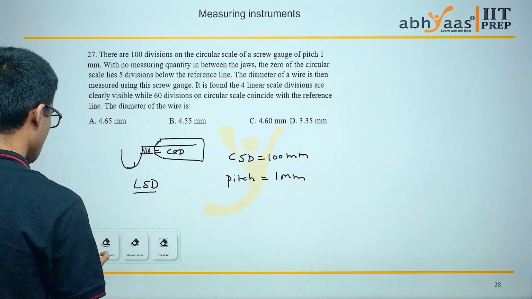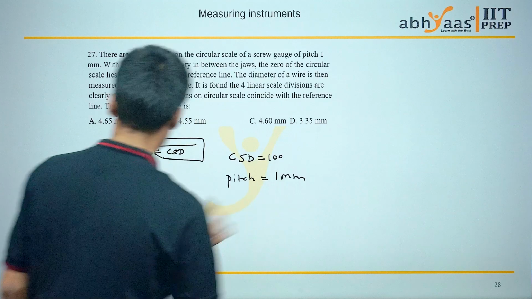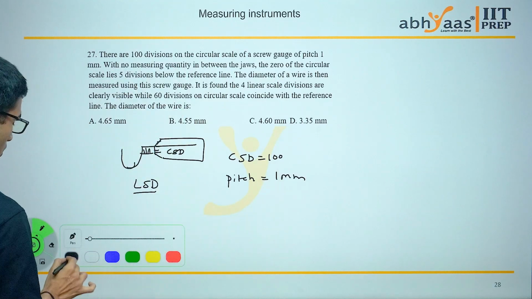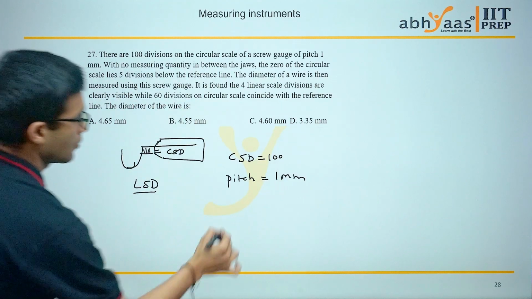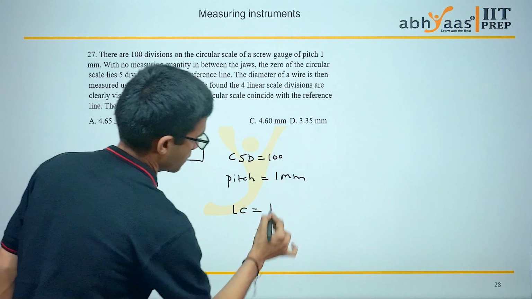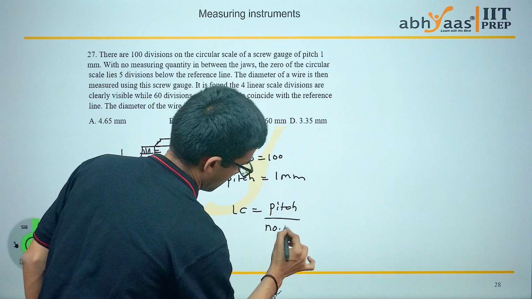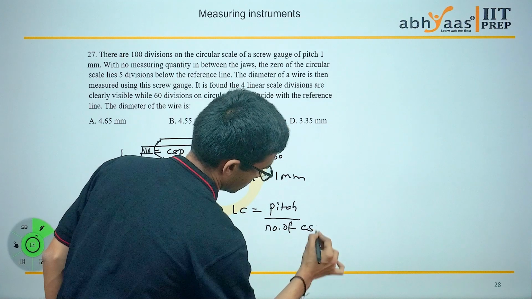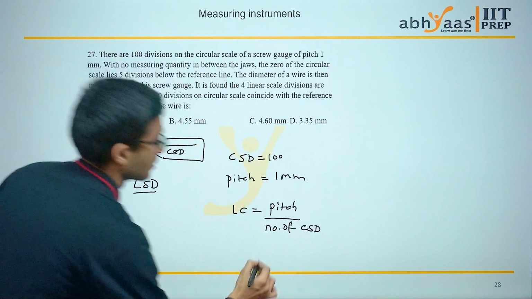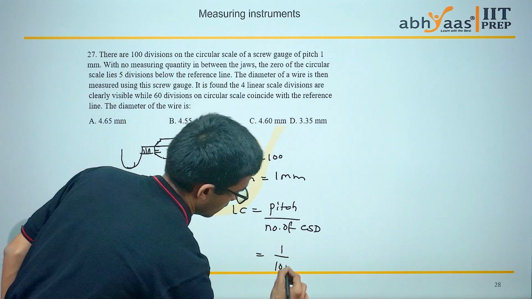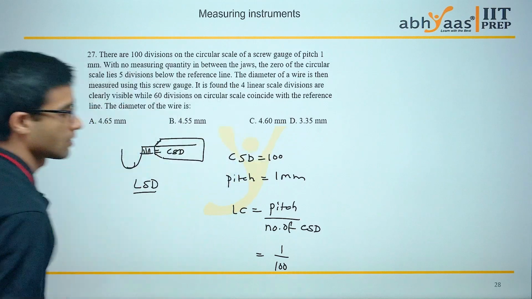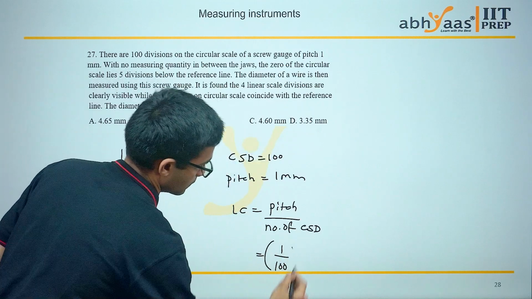The least count formula is equal to pitch by the number of circular scale divisions, which I am writing as CSD. So 1 by 100 mm.